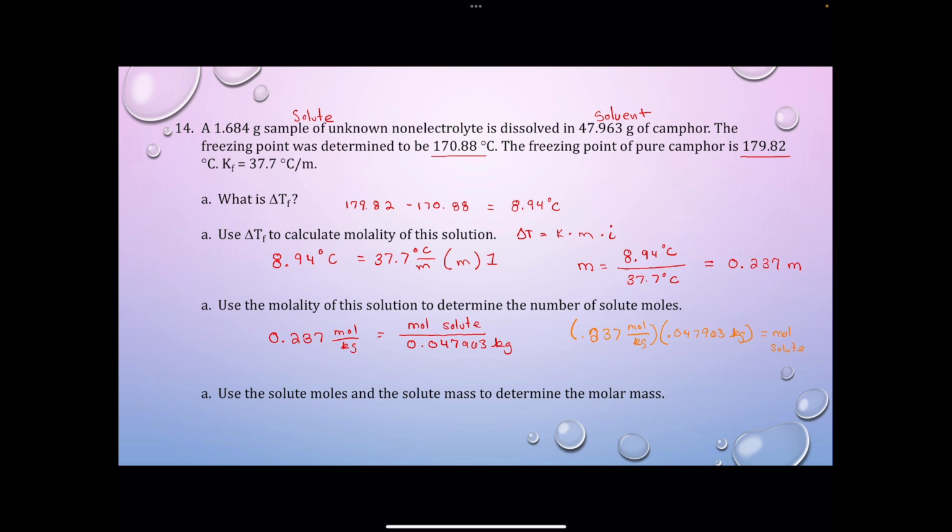So when I do that, I'm able to cancel my kilograms and I get left with moles. And I'm going to end up with 0.0114 moles.